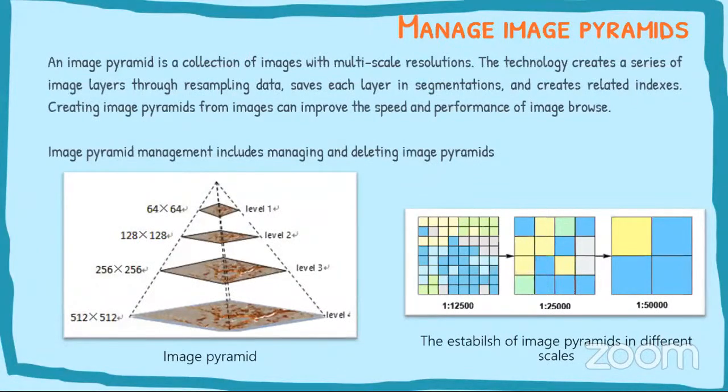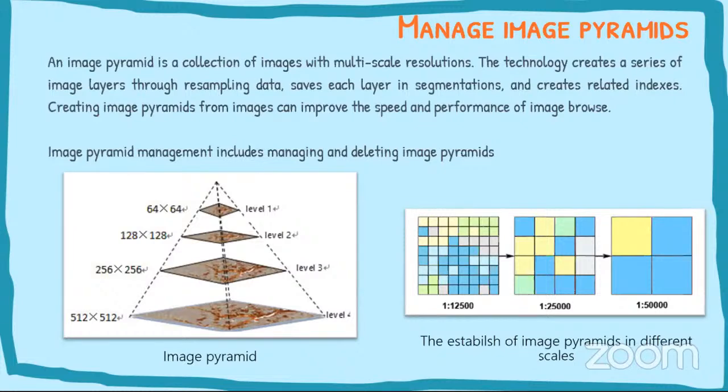The image pyramid uses an image resampling method to establish a series of image layers of different resolution, where each layer is segmented and stored, and a corresponding spatial index mechanism is established so as to improve the display speed. So it helps to improve the display speed when zooming and browsing the image.